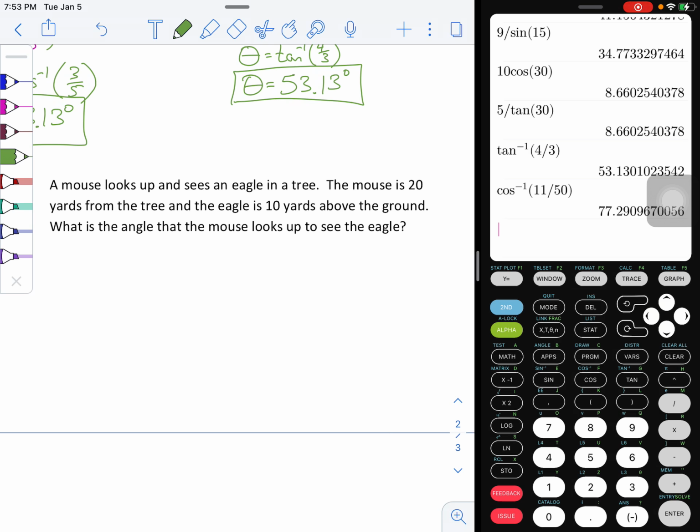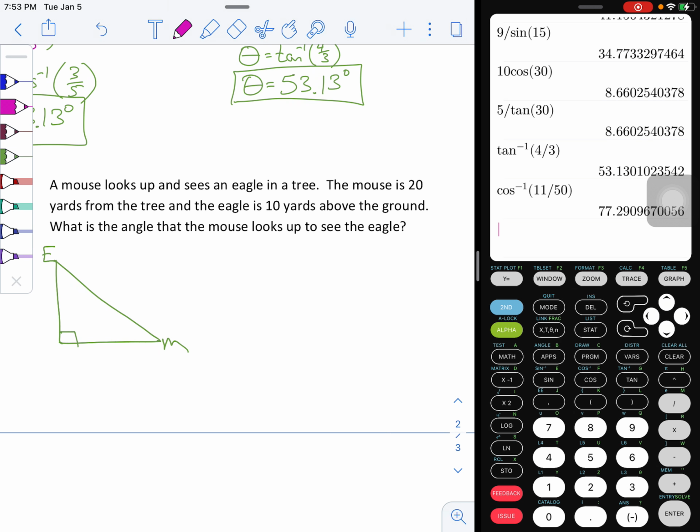All right, I've read it. We've got a tree. Here's an eagle. Here's the mouse. That's the extent of the pictures I make. If you want to make a pretty tree with an eagle, you go for it. I don't need that to do this problem.